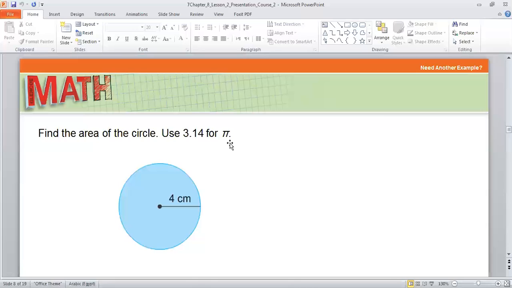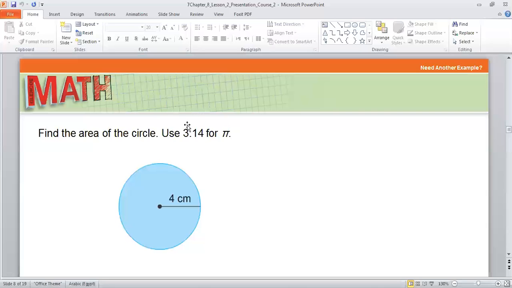So write with me in your notebook, please. The area of the circle is pi times r squared. Do you write the formula? Okay.